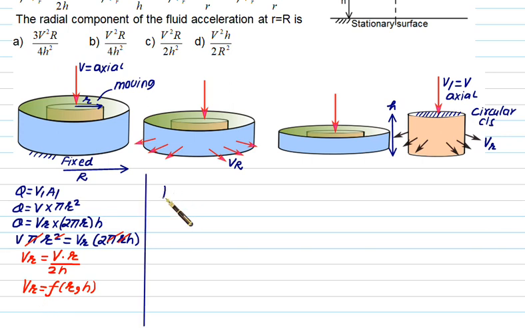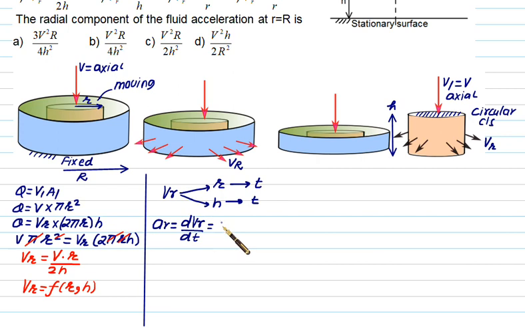VR is a function of R as well as h, and R is a function of time t, and h is also a function of time t. h is variable. Using the chain rule, radial acceleration AR will be equal to the total derivative of VR with respect to time.